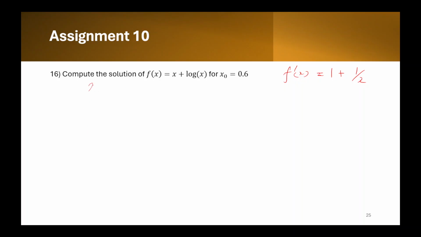So x naught we are given. x1 will be 0.6 minus f x, so 0.6 plus log of 0.6 upon 1 plus 1 by 0.6. So we compute that.